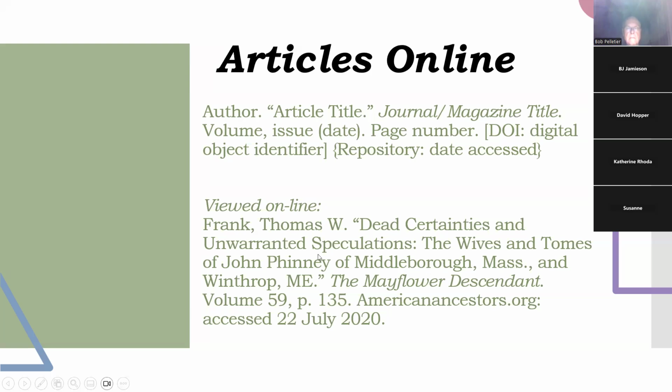So you see here, this is a case where I saw this article in the Mayflower Descendant at American Ancestors rather than hard copy. But otherwise, the beginning of this is the same as if I'd seen it in hard copy.